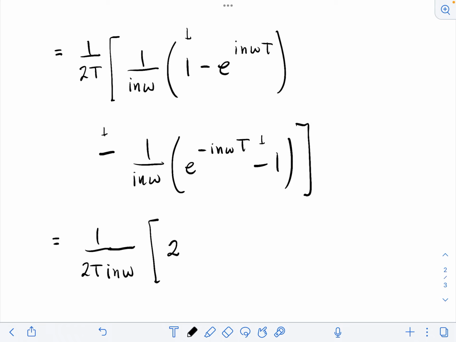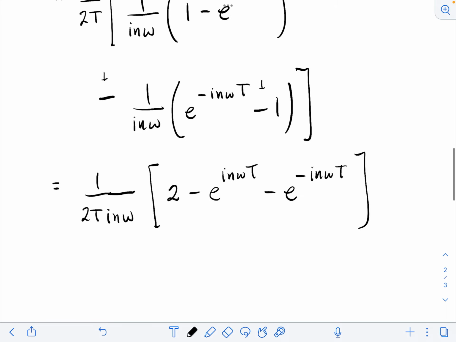And then we have a minus e to the i n omega T, and a minus e to the minus i n omega T. So you might recognize this. e to the ix plus e to the minus ix is 2 times cosine of x, and so this should be minus 2 cosine of n omega T. Okay.